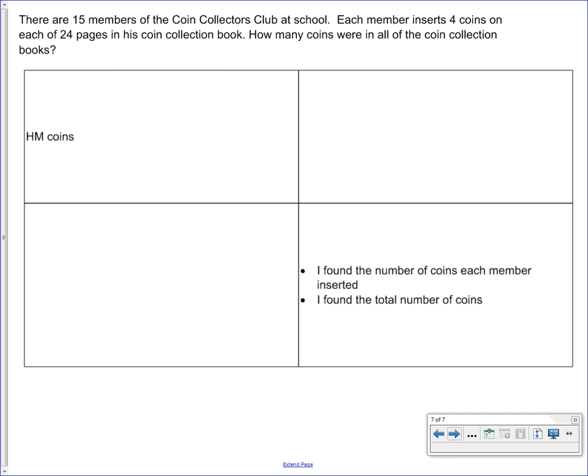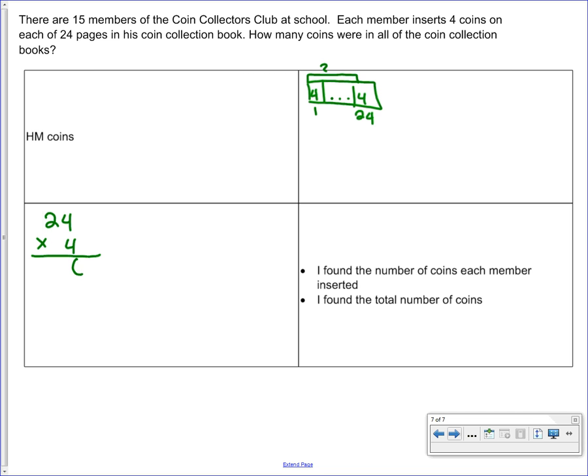So each member inserts 4 coins on 24 pages. So let me draw that. Here's my first page, the 24th page, and each one of them has 4 coins, and I want to know how many coins that is. Okay. To do that, I'm going to multiply 24 times 4.